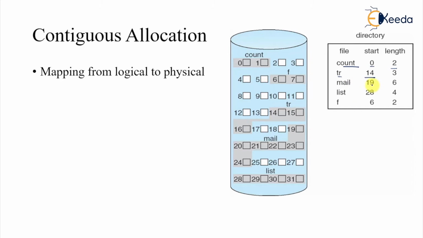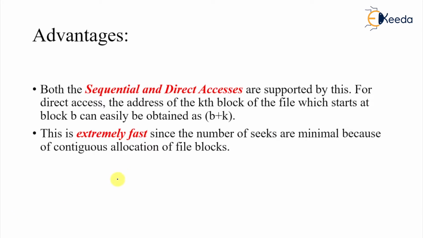Mail is the file that starts from 19 and has a length of 6, so 19, 20, 21, 22, 23 and 24 are all occupied. This is how the contiguous allocation method is implemented, and this is my directory in that case.